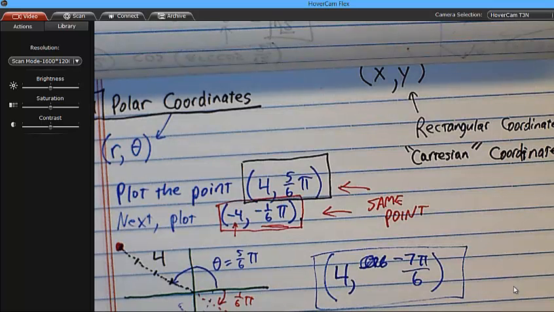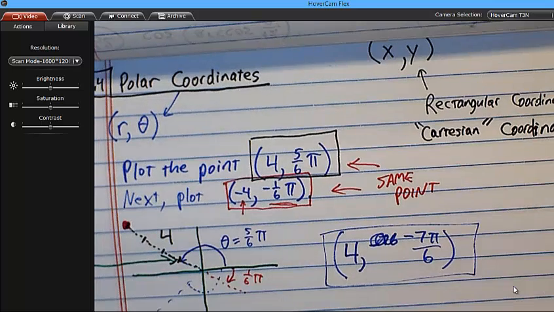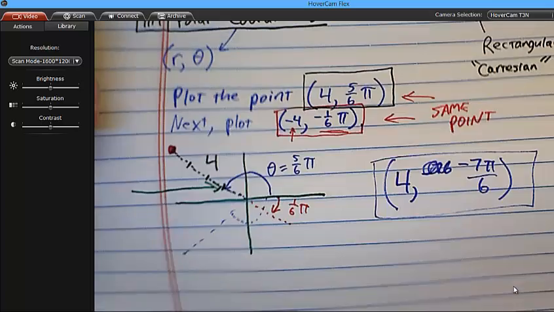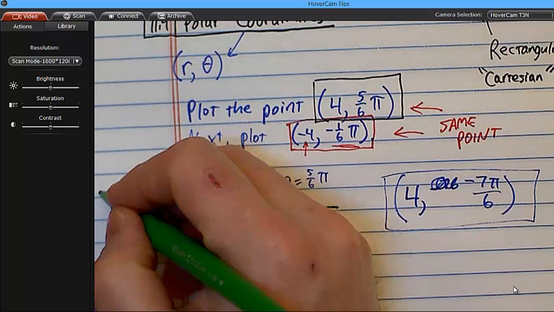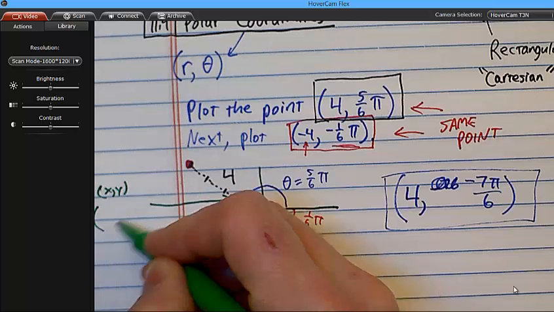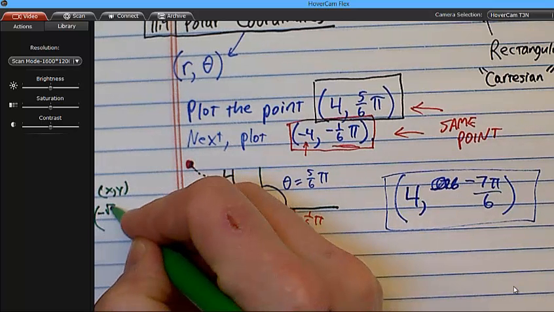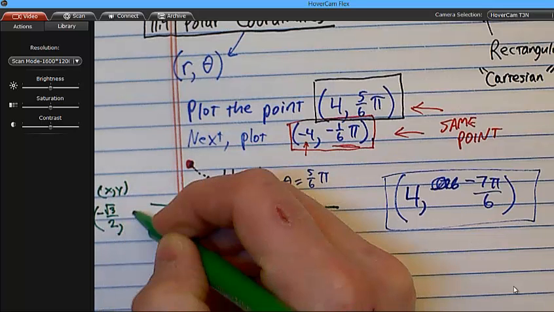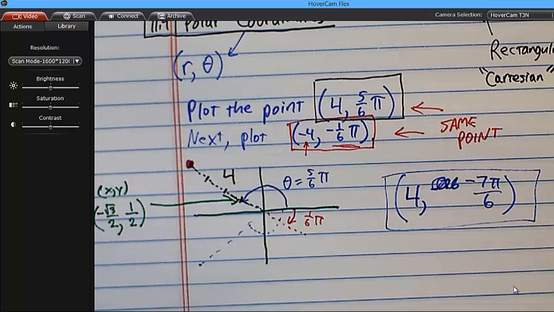We know that that point there, in the xy coordinates, right? So if I say, give me the xy coordinates of that point, my xy would be, well, 5 pi over 6. So it's negative square root of 3 over 2, comma what? 1/2. That's the x and y coordinates of that point.